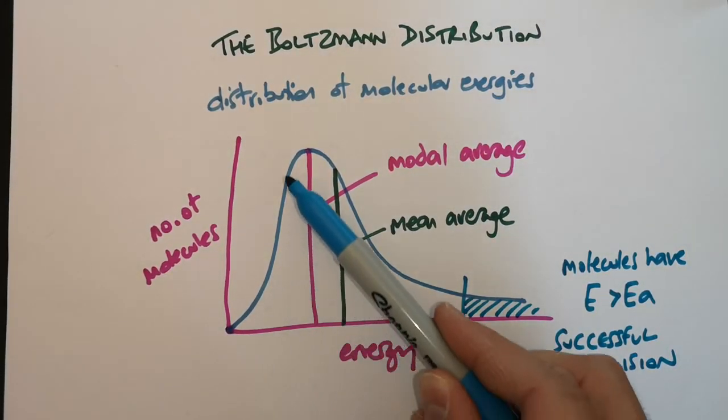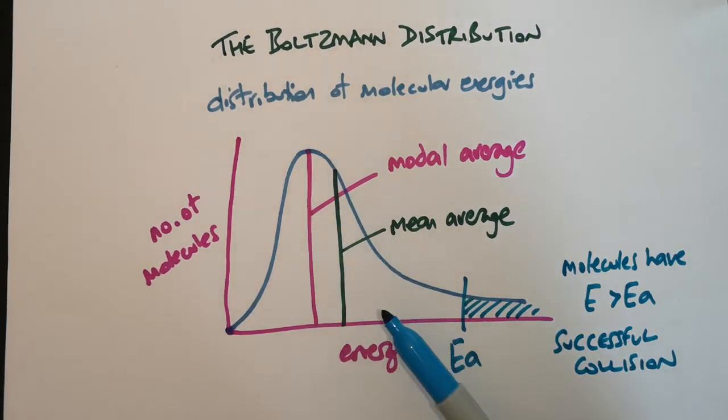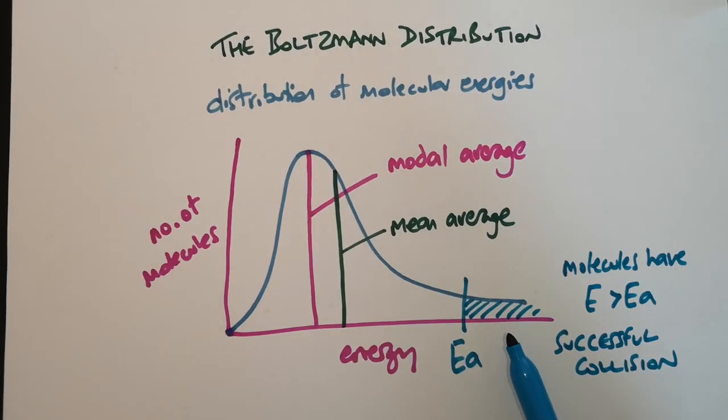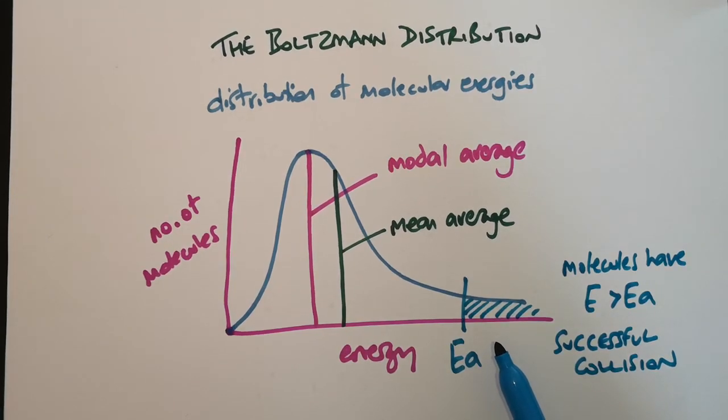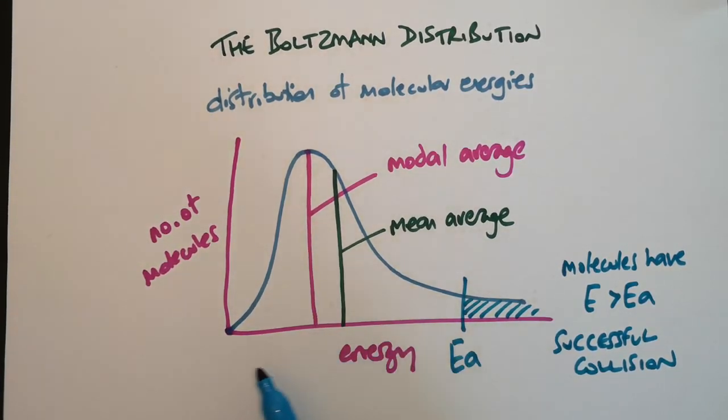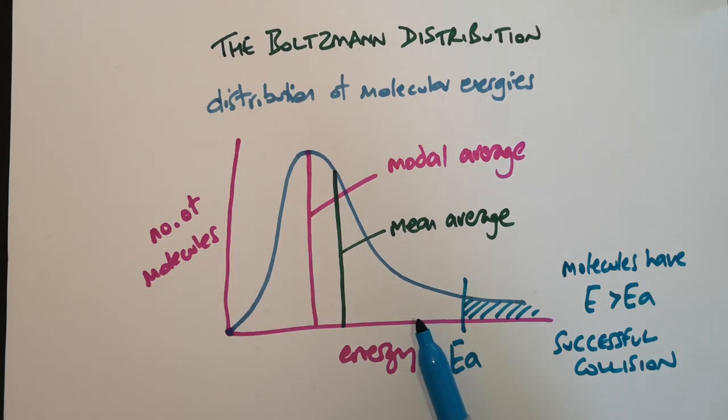You can see that the vast majority of particles do not have enough energy to react. It's only, in this case, a small amount of particles that react. That does not mean that these are not bumping into each other, but they're not bumping into each other with enough energy to kickstart the reaction.